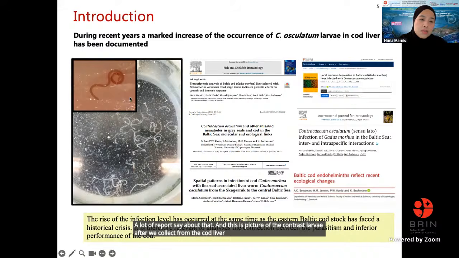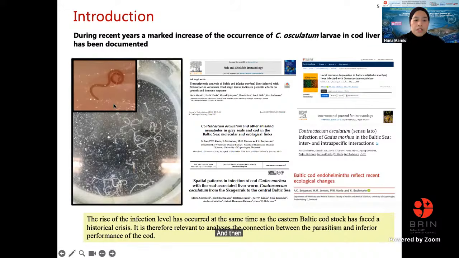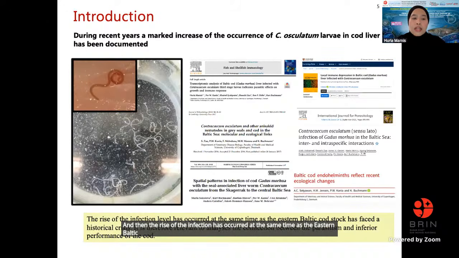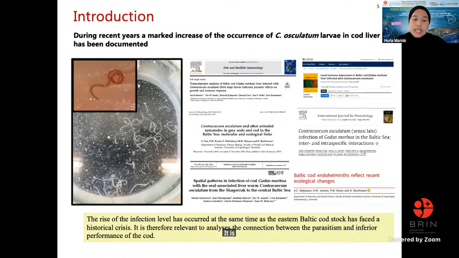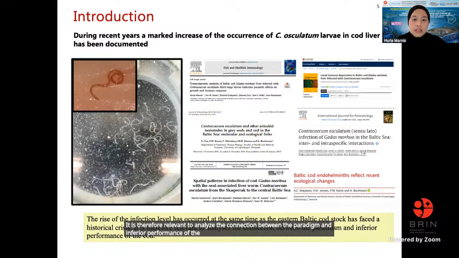When we zoom in, it looks like this. The rise of the infection has occurred at the same time as the Eastern Baltic cod stock has faced a historical crisis. It is therefore relevant to analyze the connection between the parasitism and the inferior performance of the cod.